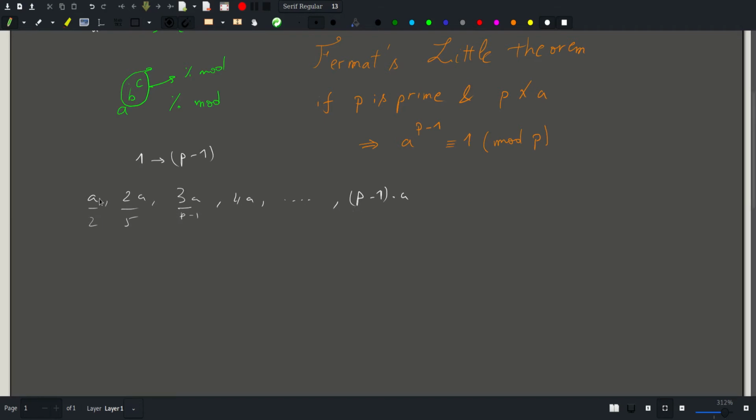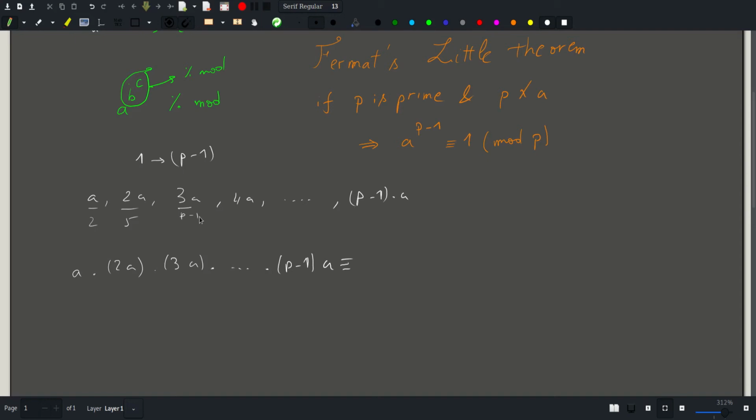So now let's go ahead and multiply all the multiples of a together. So I'll have a times 2a times 3a times 4a and so on up to p minus 1 times a. And this will be congruent, as we said, to 2 times 5 times p minus 1, for example.